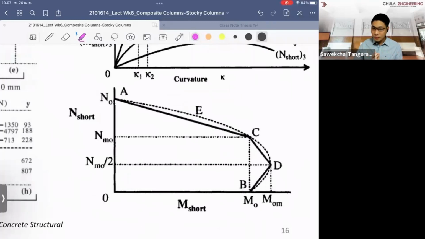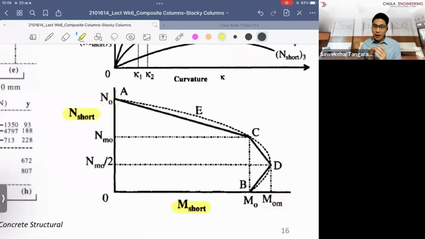The composite is the same; you need to find a couple of points in the diagram. You plot the curve in which on the y-axis we have the bending capacity, and on the x-axis we have the axial force capacity.